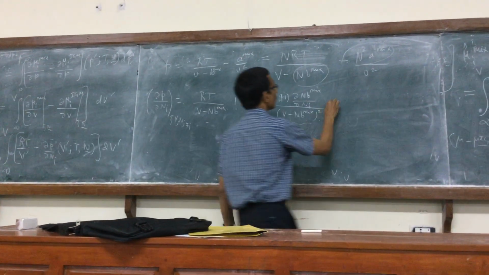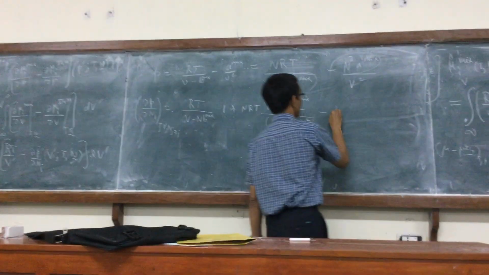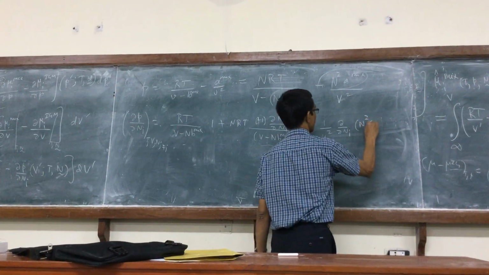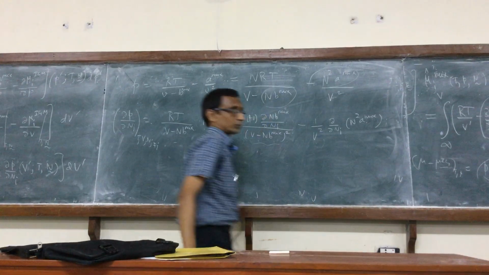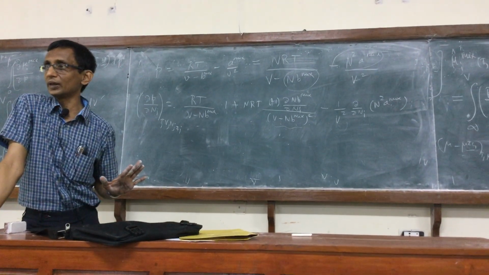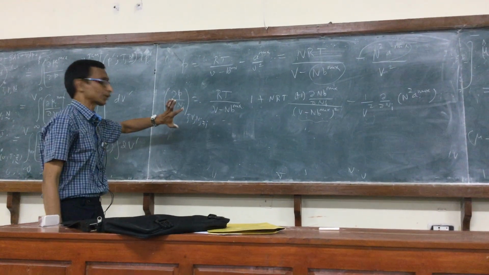And then minus, this is capital V, so now I have minus 1 over V square, d by dN_i of N square A mix. So that is where the N dependence is. There is no N dependence in V, because V is an independent variable in this whole expression. You have to keep that in mind.